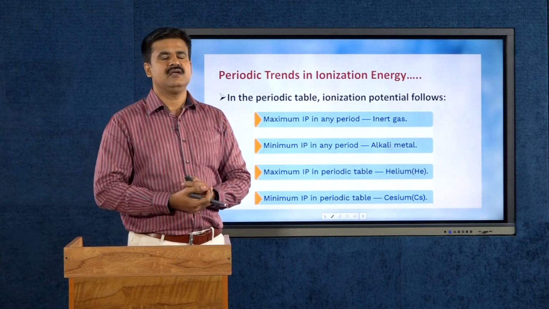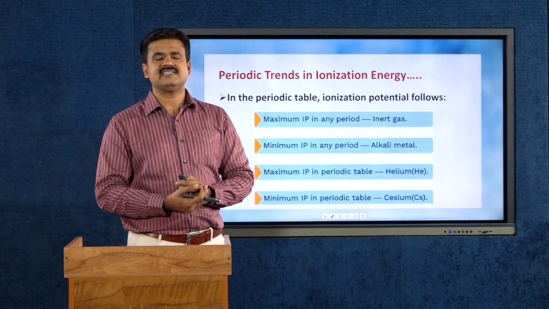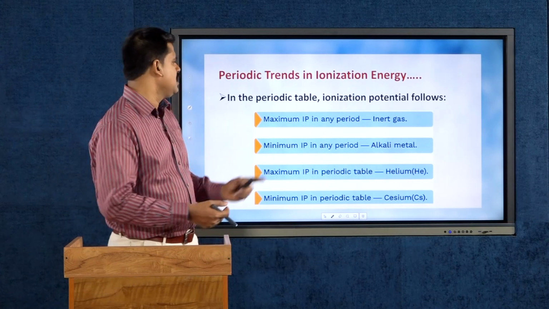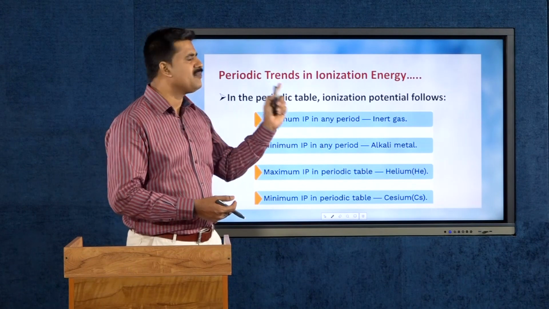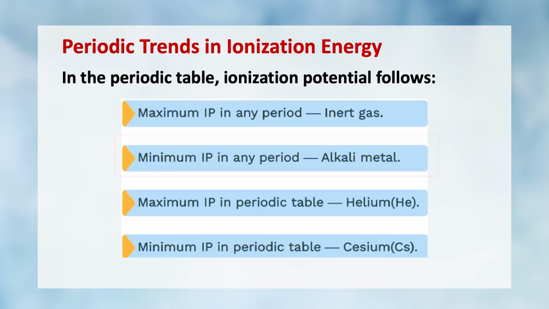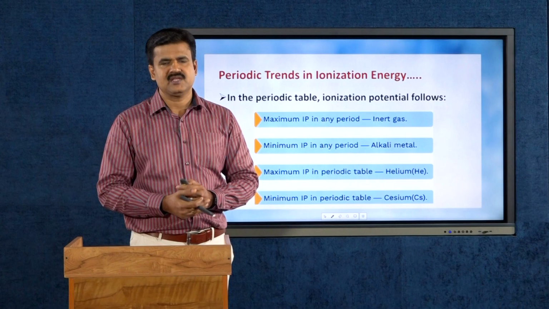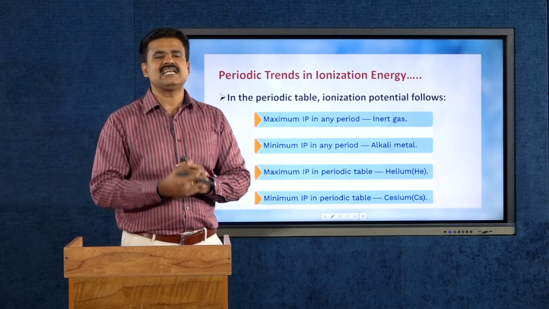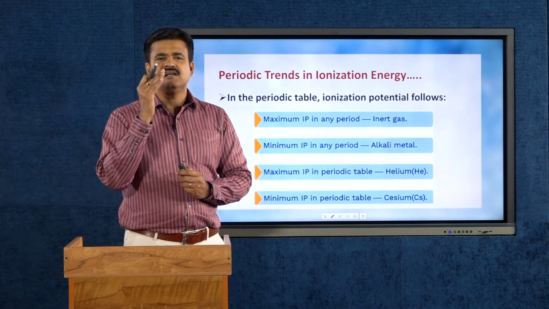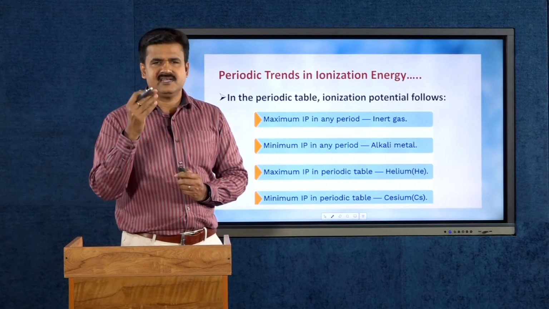For example, in the first period, it is helium. In the second period, it is neon, and so on. Maximum ionization potential is shown by inert gas. At the same time, the minimum value of ionization potential is shown by alkali metals. For example, if we are taking the second period, the highest ionization energy is shown by neon.